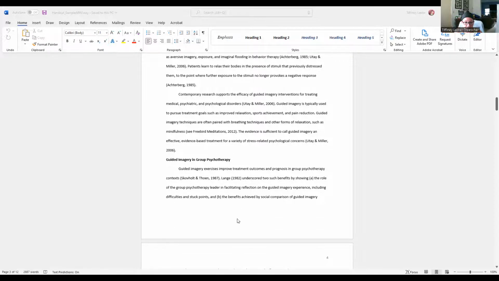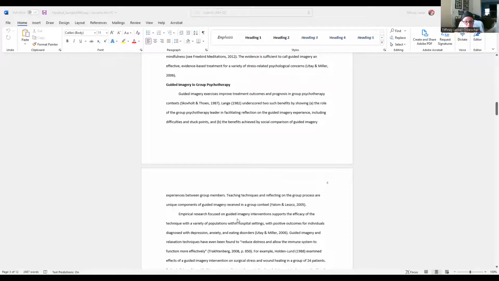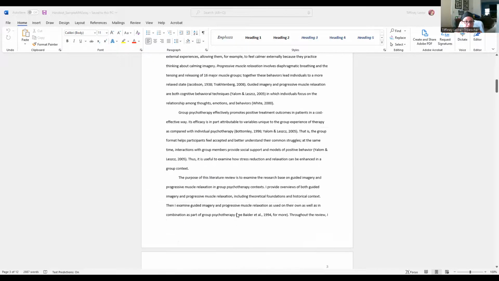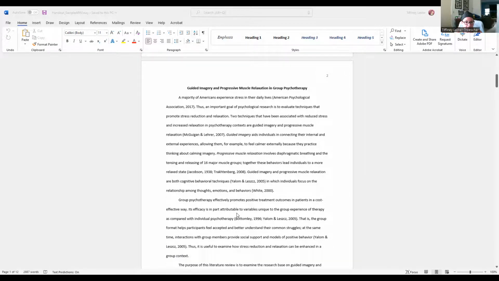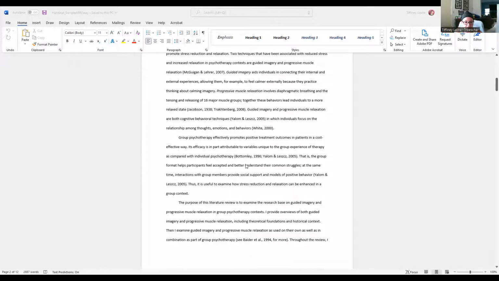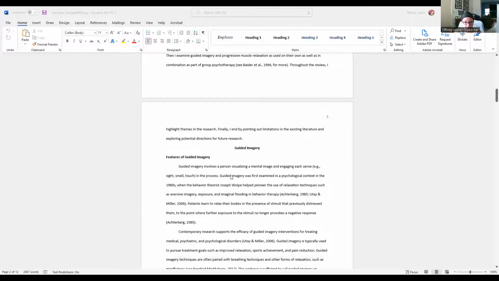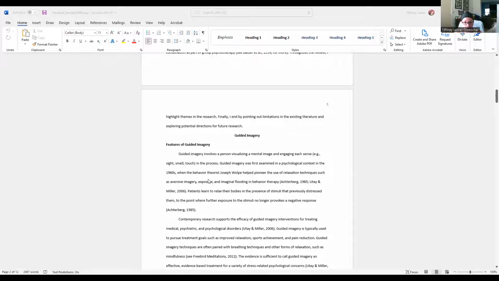I am looking for a direct quote, meaning something that was taken word for word from the sources. Look at all of these citations that we have along the way, right? There's a handful here in the introductory paragraph. There's two here in this paragraph. One here, right? One here in this paragraph.